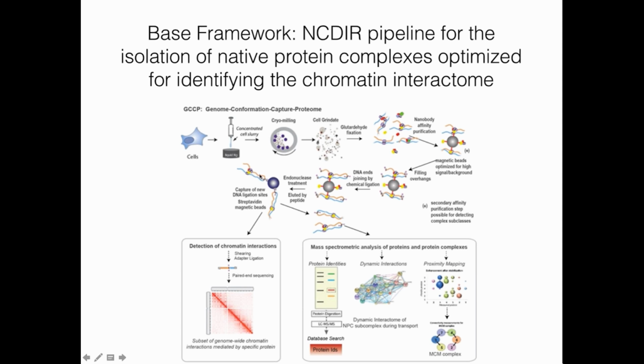Initially we have a mixture of protein bound to DNA and protein not bound to DNA, so we want to enrich for complexes that contain DNA. We then would do mass spectrometric analysis of the protein complexes, and in parallel we would do paired end sequencing to identify the sequences that are found in these complexes.